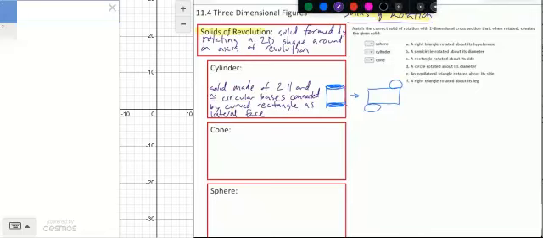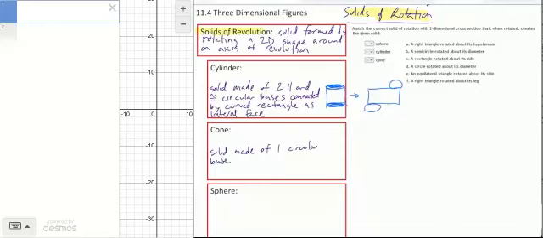Now I'm going to define the cone in a similar fashion to pyramid, and then I'll come back and show you the other way to define all of these. A cone is a solid made up of 1 circular base, and just like a pyramid, it's connected to one specific point called the vertex.